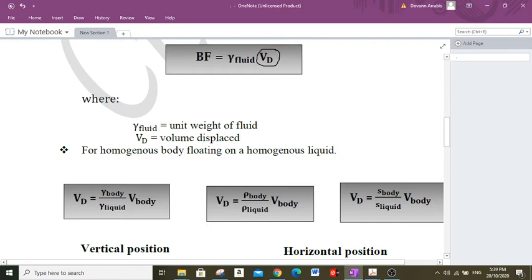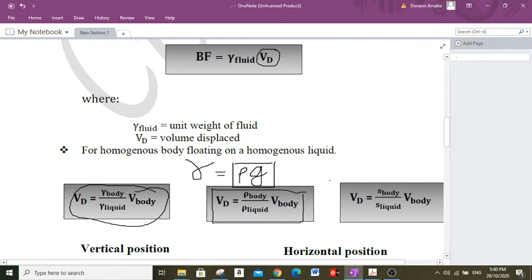To simplify this, since we know that gamma is equal to density times gravitational acceleration, this equation can be simplified to this equation.